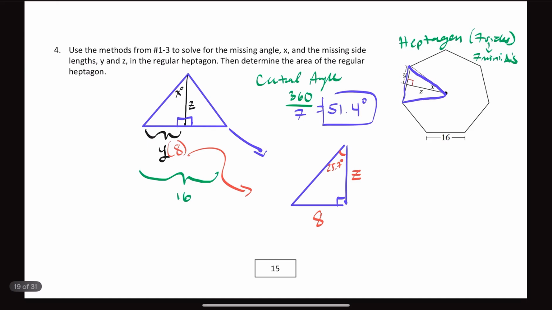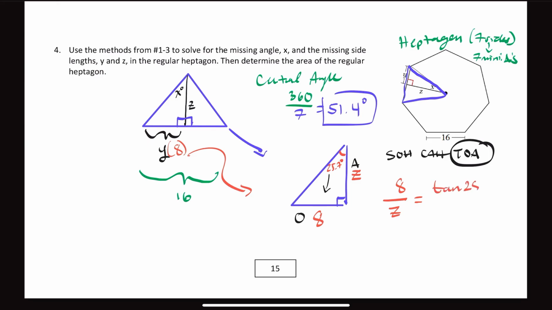So now, moving from that information, I have a little right triangle I can work with. I can do SOHCAHTOA to find that missing apothem. And it looks like in this situation, I have the opposite, I have the adjacent. So we will be using the tangent function again, like we did in our other example. So opposite is 8, the adjacent is Z. We have a tangent function of 25.7 over 1.